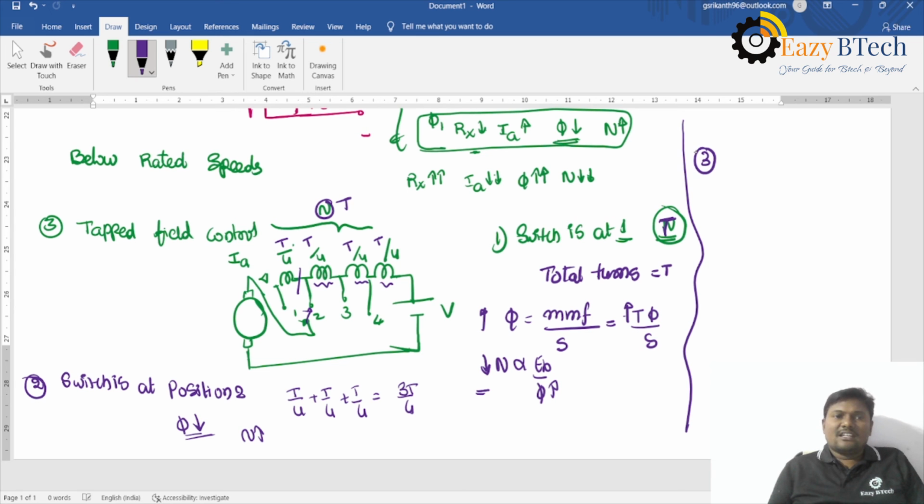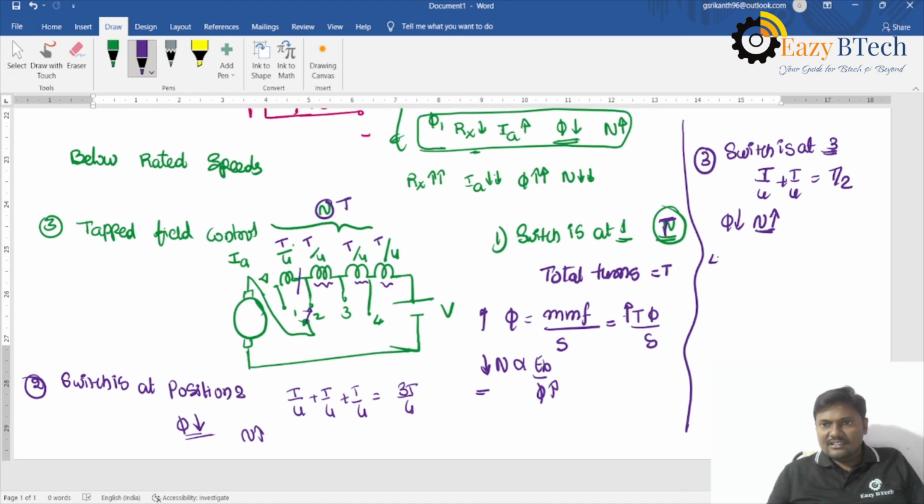Coming to case 3, the switch is at 3, and the total number of turns now included is T by 2. Again the mmf decreases, which means flux decreases, and speed increases.